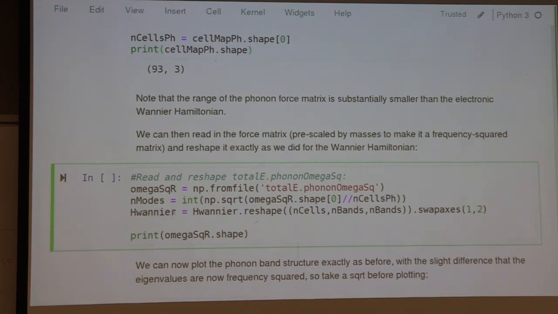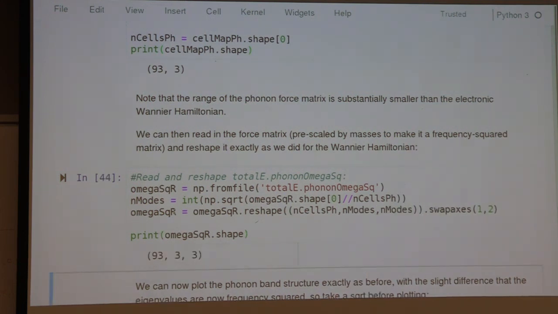And then I can reshape this in quite the same way. Right, so aluminum has one atom per unit cell and it can be moved in 3 directions.